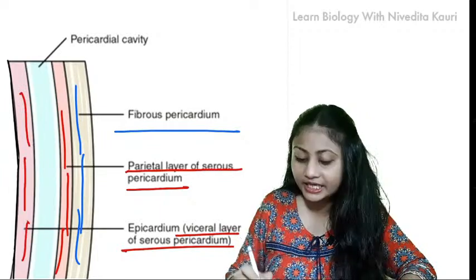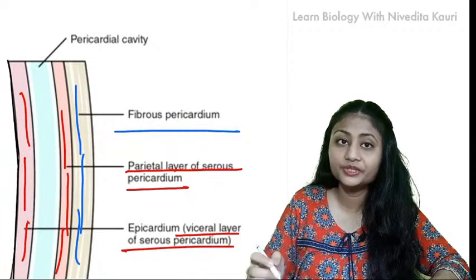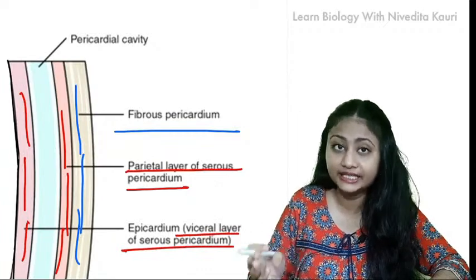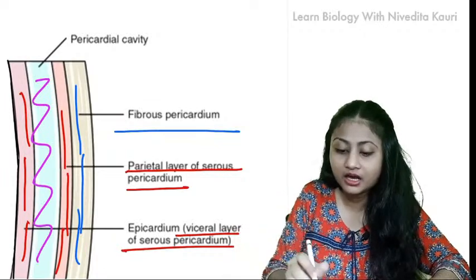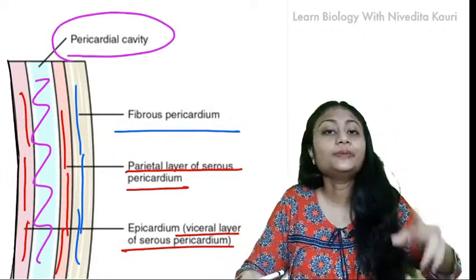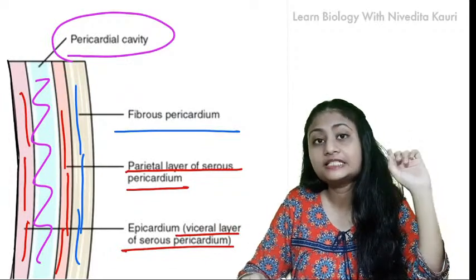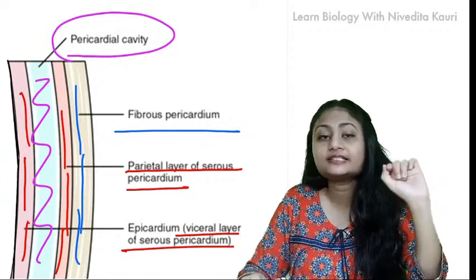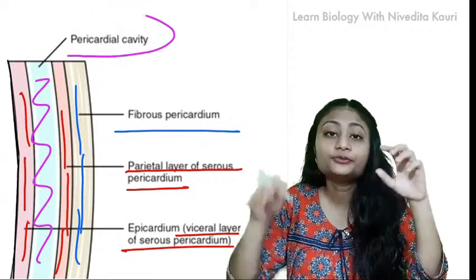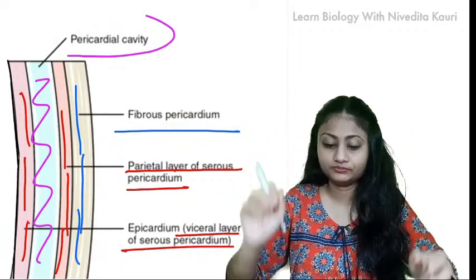The visceral layer is fused with the epicardium of heart. And in between the parietal and visceral layer, there is a space, the pericardial cavity. The pericardial cavity is filled with pericardial fluid. Pericardial fluid helps in lubrication. It acts as a lubricant to allow the free movement of heart in the thoracic cavity.